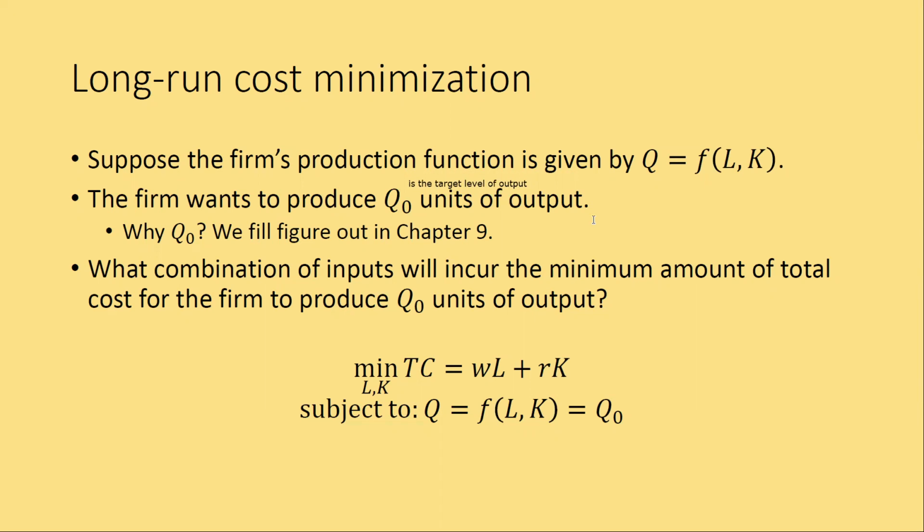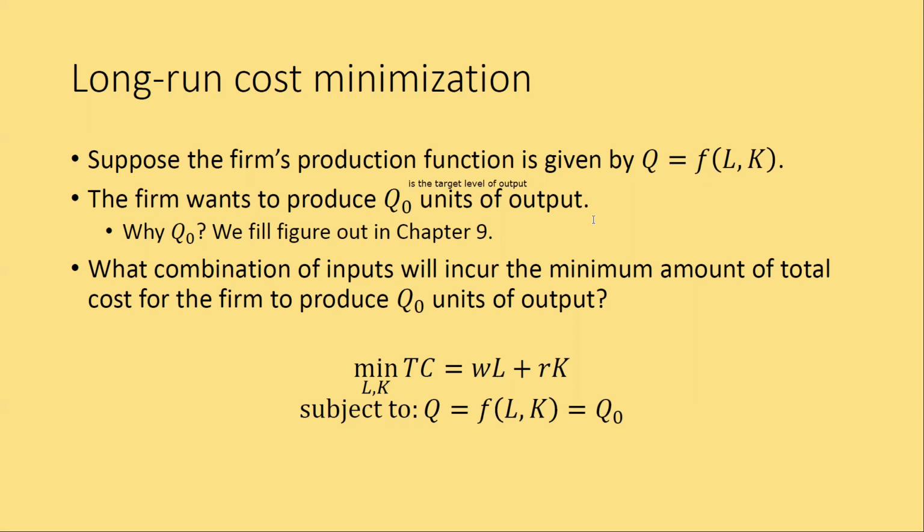And we will figure out in chapter 9 why the firm will choose, or what Q0 will the firm choose. It will be a result of the profit maximization problem for the firm. So now we are solving the cost minimization problem, which is telling us that if the firm were to produce Q0 units of output, what is the most efficient way of doing so, or what combination of inputs will incur the lowest amount of cost for the firm?